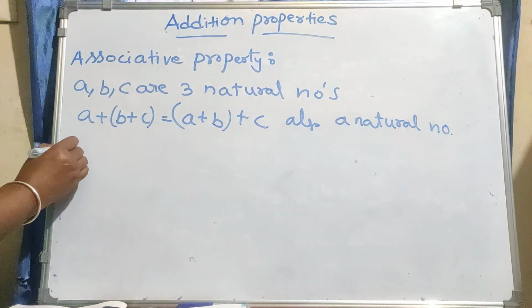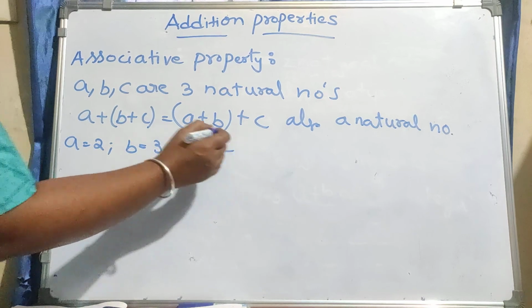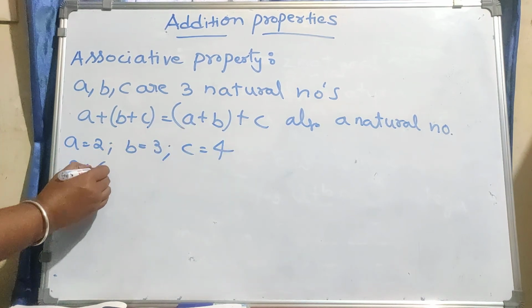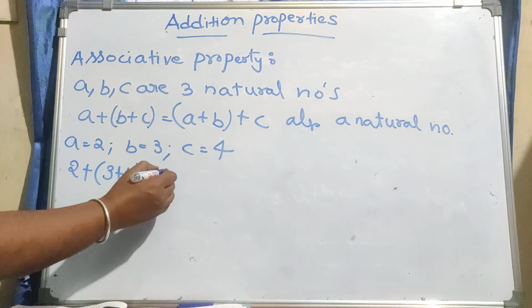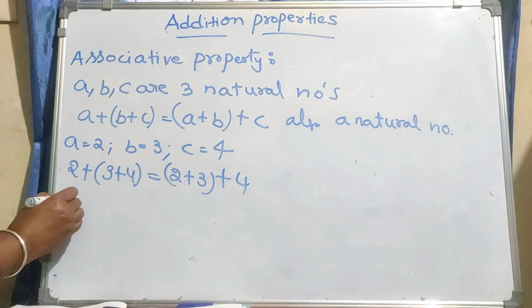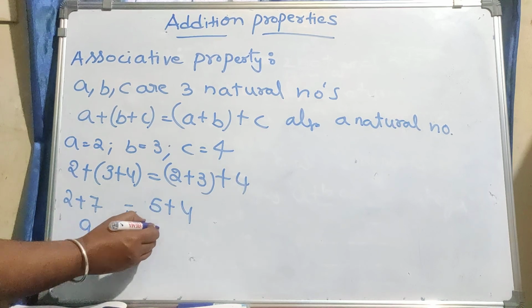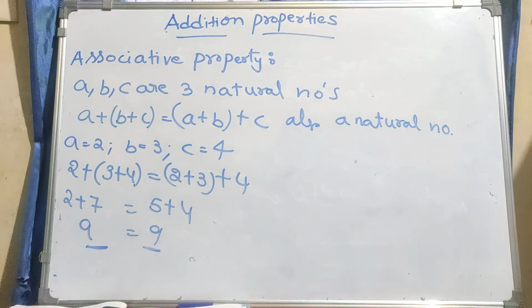Example, A is 2, B is 3, C is 4. 2 plus 3 plus 4 is 2 plus 3 plus 4, which is 2 plus 7, 5 plus 4, 9, and 9 is a natural number. This is associative property under the addition for natural numbers. This is how we do closure property, commutative property, and associative property for addition.